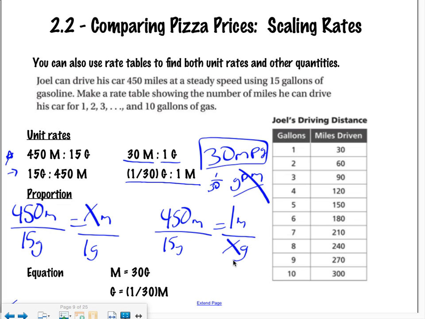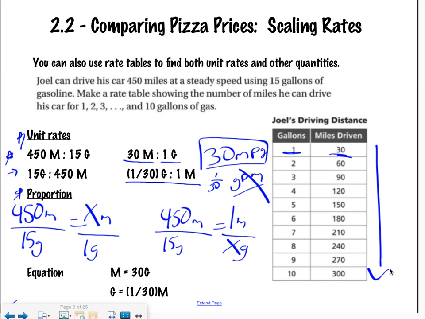Okay, and when you solve that, you will get 1/30th. So you could use this way or this way, either one to find the unit rate. Once you do, well, we know that 1 gallon is 30 miles, and it increases by 30 for each gallon. So then you can fill in the corresponding 2, 3, 4, 5, 6, 7, 8, 9, 10. So that's this side here.